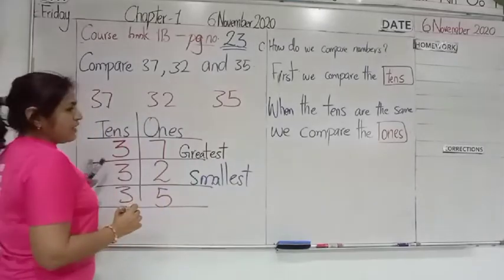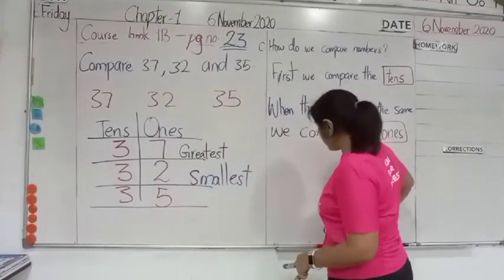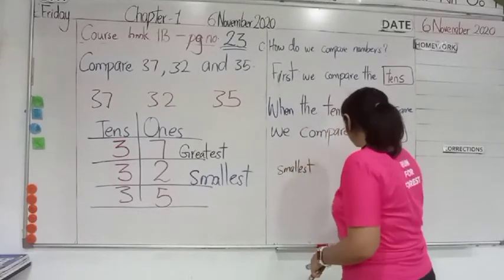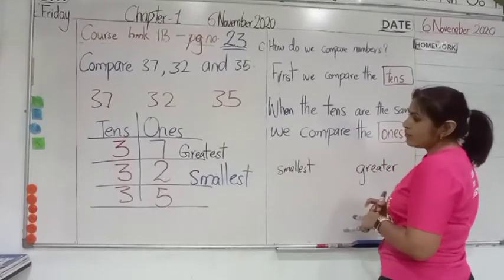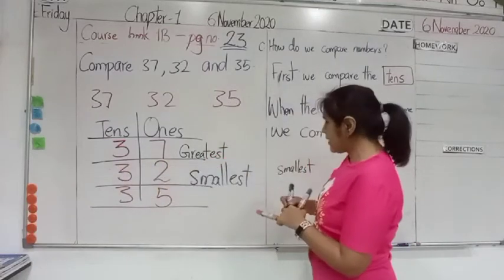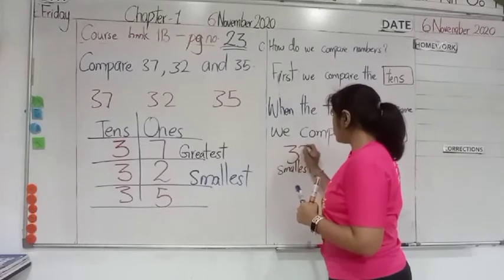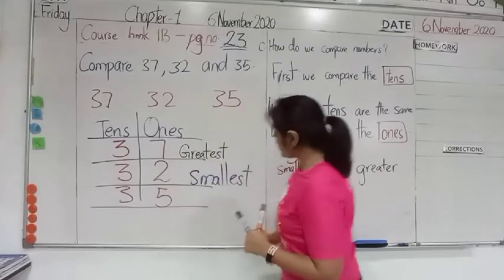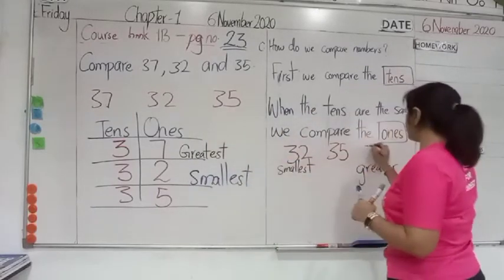If I have to arrange from the smallest to the greatest, which is the smallest? 2. But the whole number is 32, so I will write 32. Then, which is smaller, 5 or 7? 5. Next is 35.